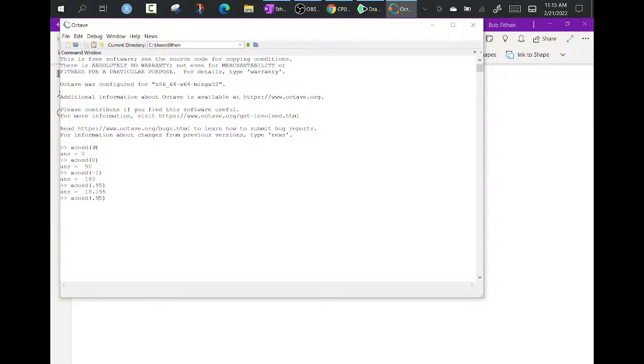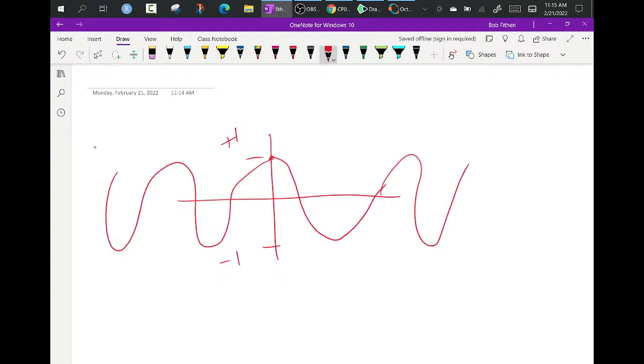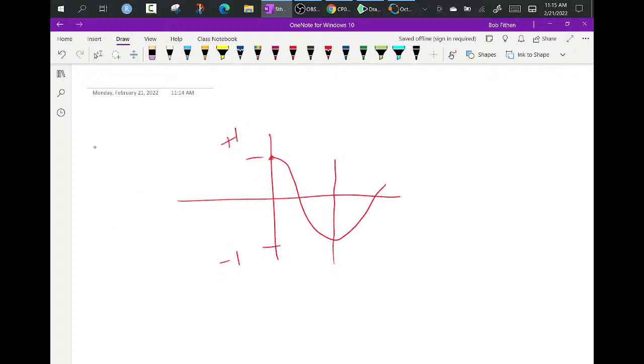And say you did minus 0.95. It says 161. So what it's doing is ignoring part of the range. Here's your 180, and that's of course your 0. If your angle is actually say 200, it's not going to give you 200, it's going to give you that.